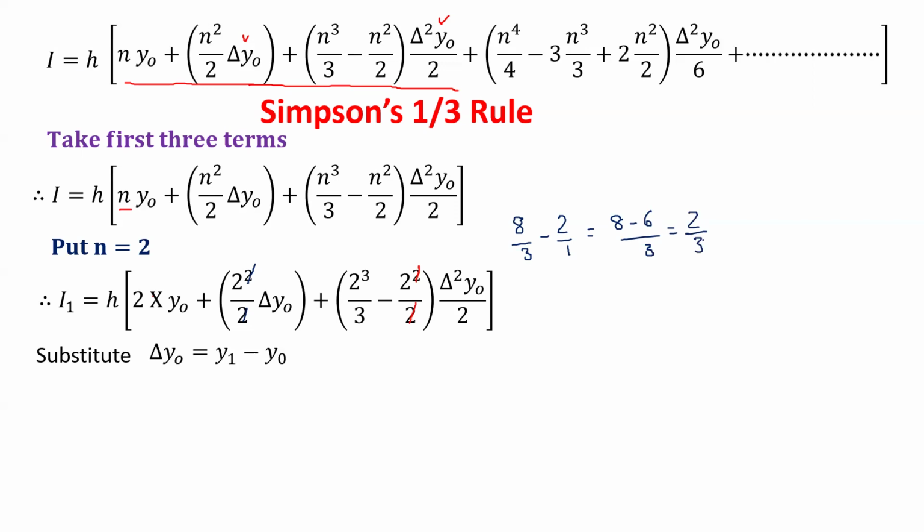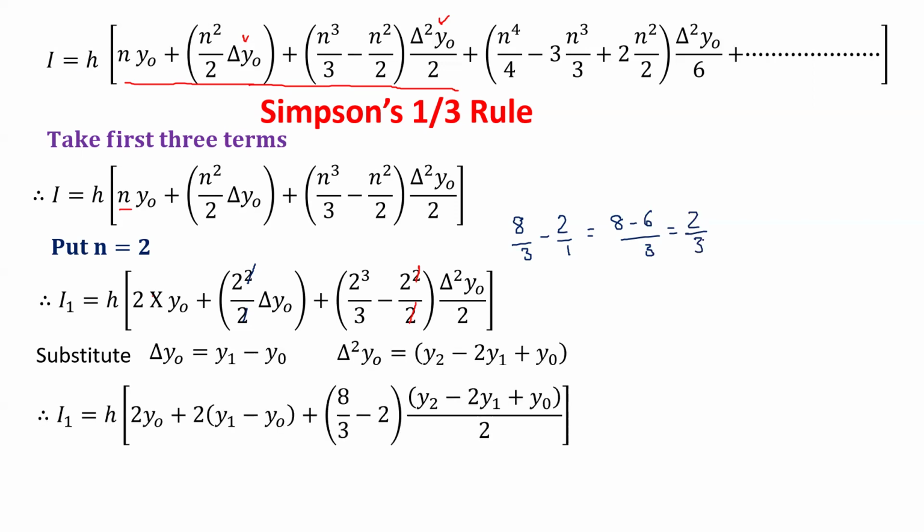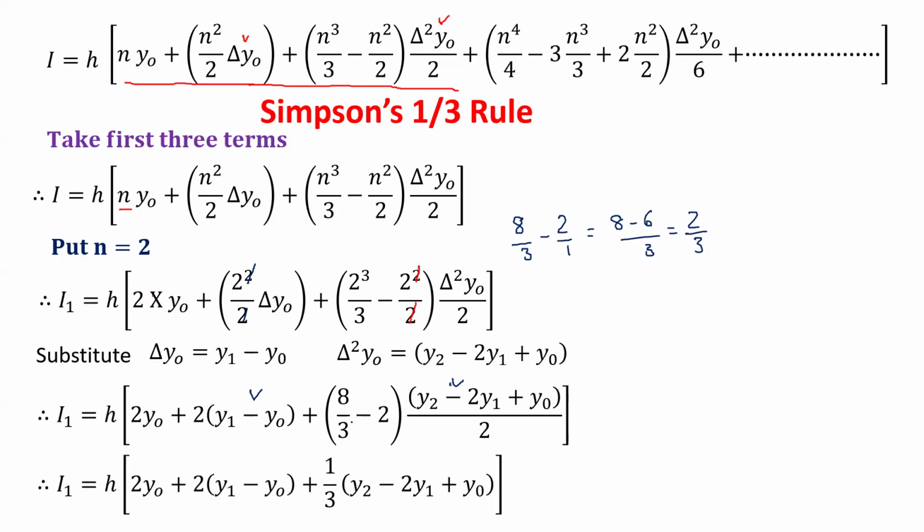So now that is simplified and we substitute the values of delta y0 and delta square y0. Delta y0 we substitute as y1 minus y0, and delta square y0 as y2 minus 2y1 plus y0. Now 8 by 3 minus 2 comes to 2 by 3, and then we solve again. This will be 1 by 3 of y2 minus 2y1 plus y0.